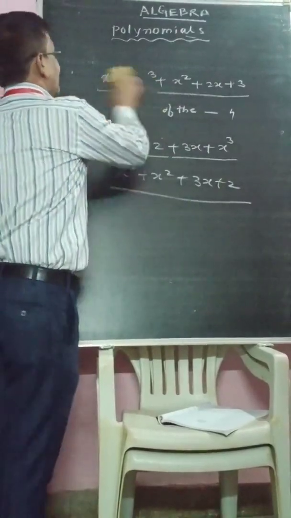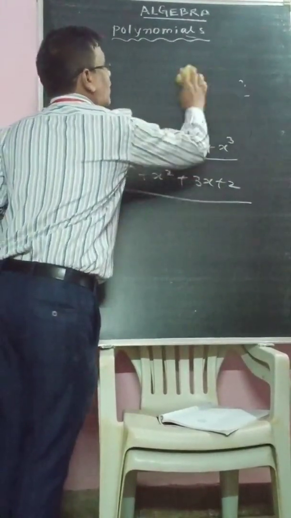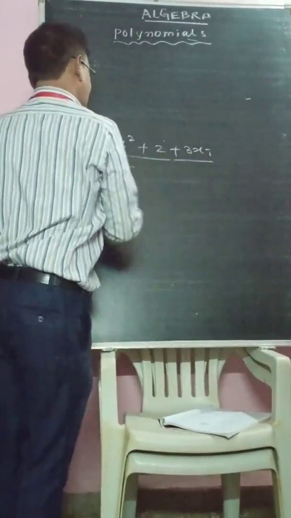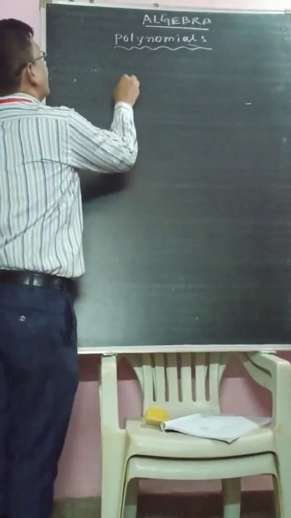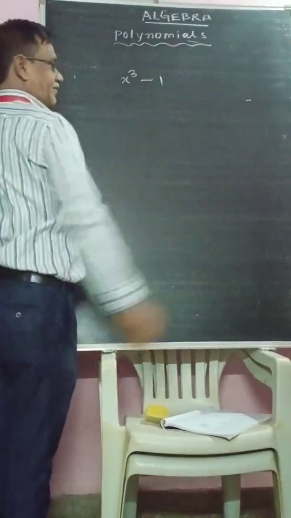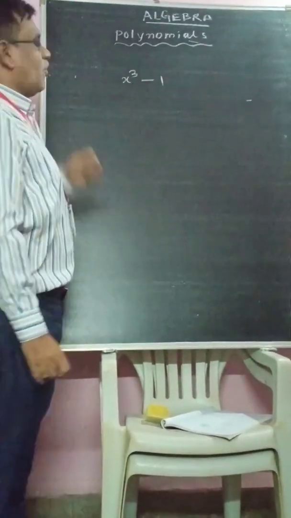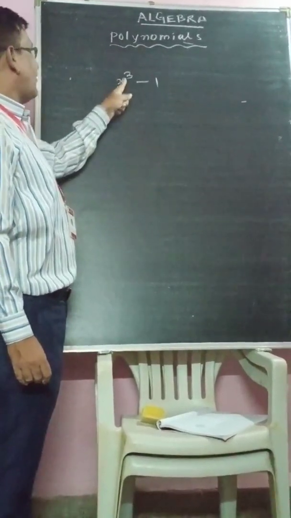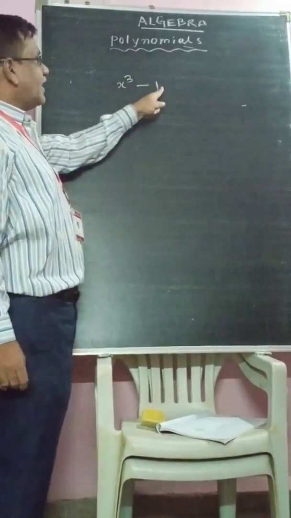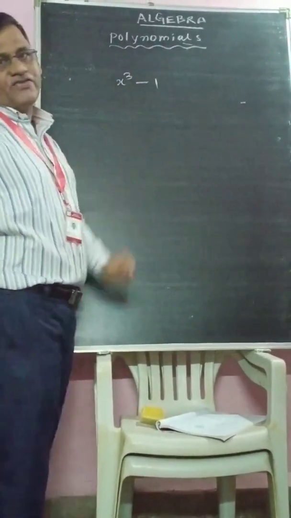Now next, see, this is a polynomial: x cube minus 1. In this polynomial, the first term has the power 3 and the last term has the power 0.